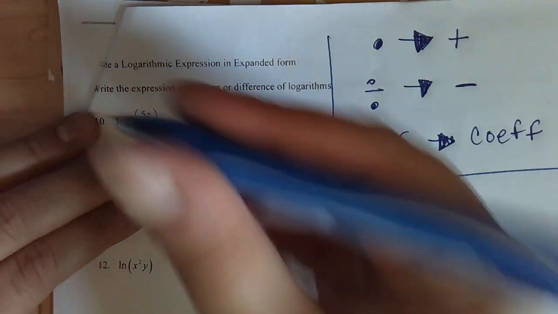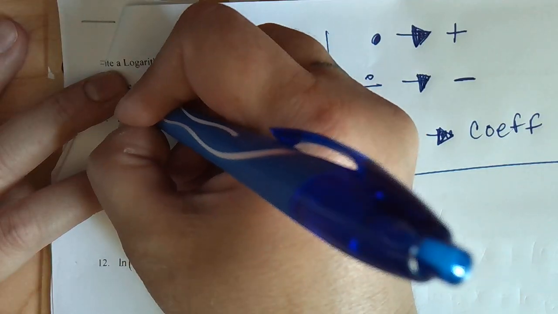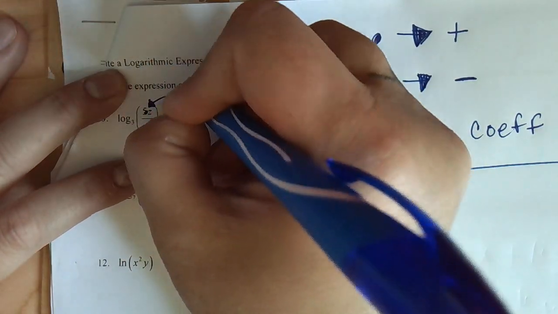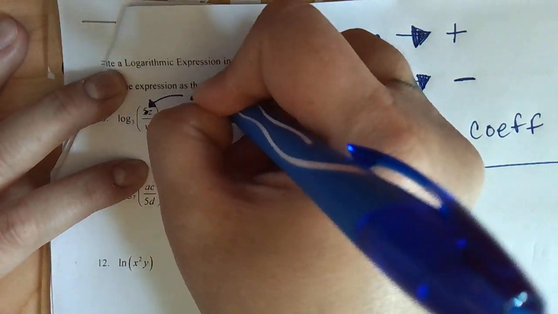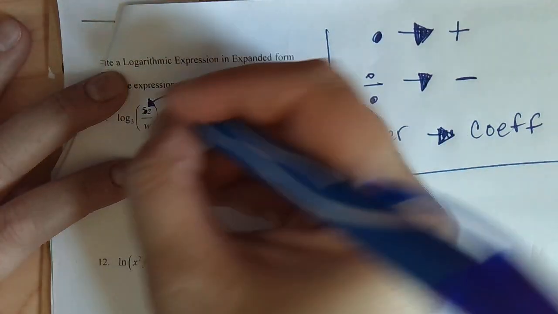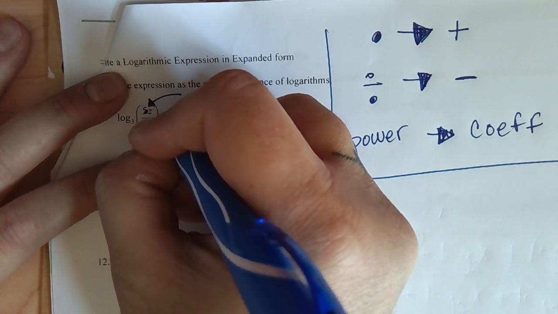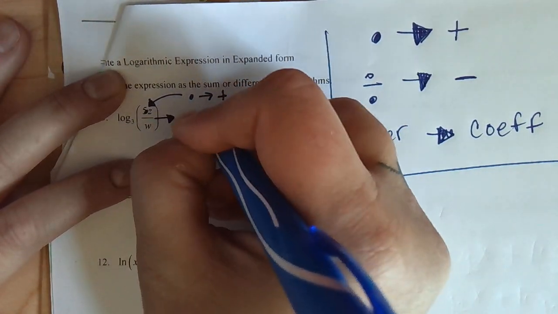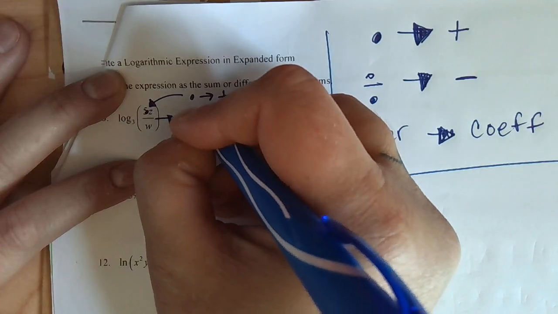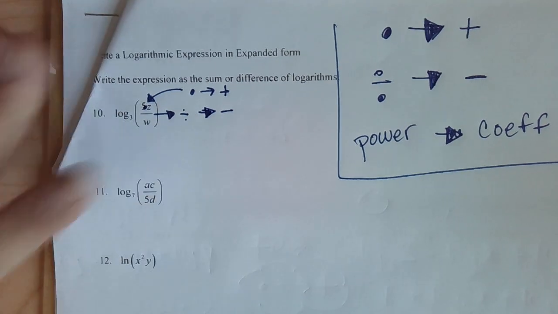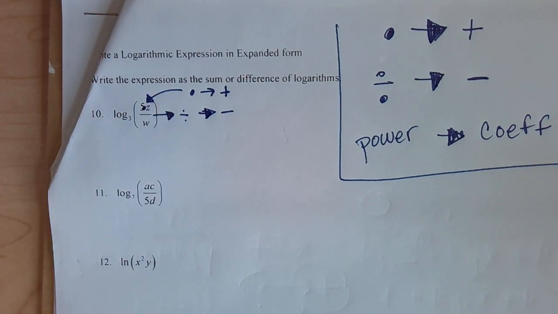All right, let's go. On number 10, I see a pretend multiply. So that's going to go to a plus. Then I see a division. So that's going to go to a minus. I'm going to stop drawing these arrows. It's too confusing. Okay. So, and then we're going to distribute.